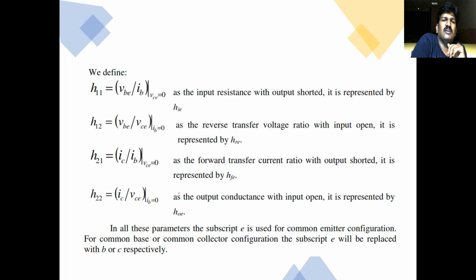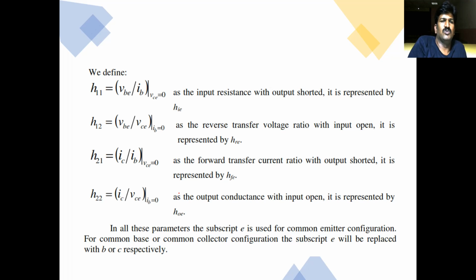When VCE is 0, it is the input resistance with the output shorted. It is represented as HIE, the input resistance for the emitter configuration. This suffix tells you that it is the CE configuration.